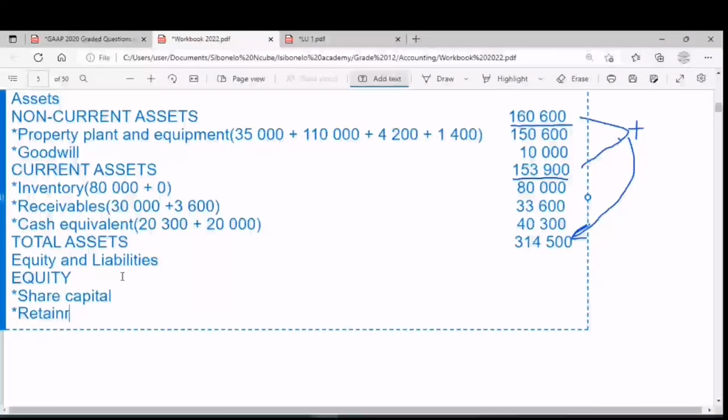And guys, it's easy because we have done the statement of changes in equity. Remember that these equities, share capital and retained earnings, are only the parent's, because we have eliminated the subsidiary's equity.